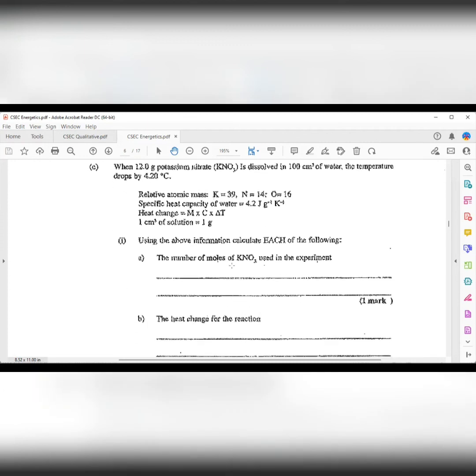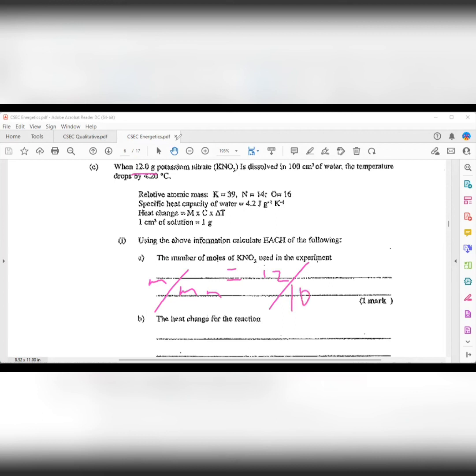So it says here now, using the above information, calculate each of the following. The number of moles of potassium nitrate used in the experiment. Moles is equal to mass divided by molar mass. It was 12 grams, so it's going to be 12 divided by potassium, which is 39, plus nitrogen, which is 14, plus oxygen, which is 16, but there are 3 oxygens, so that's 3 times 16, which is 48, and that works out to be 101.